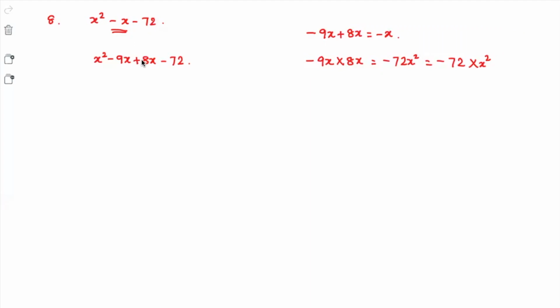I repeat, if the extremes have one negative and one positive sign, that means the middle term will also have one negative and one positive sign. In this case, what we will do: x minus 9 plus 8 x minus 9, then we take x minus 9 common, we get x minus 9 into x plus 8.